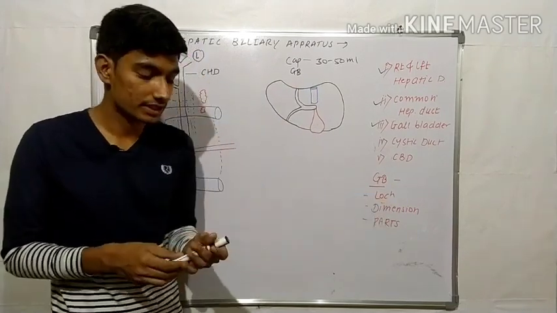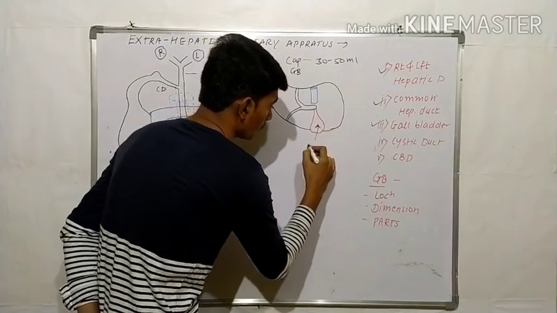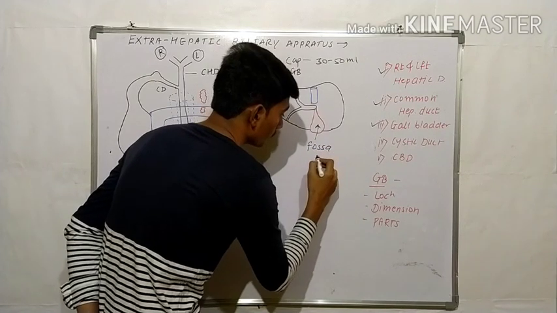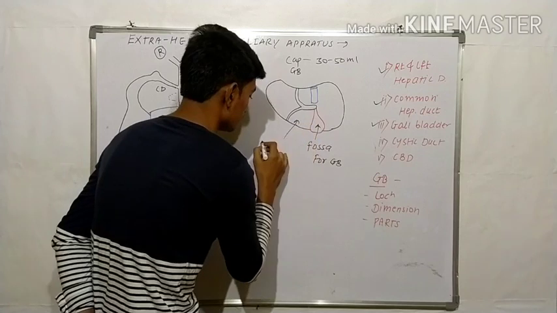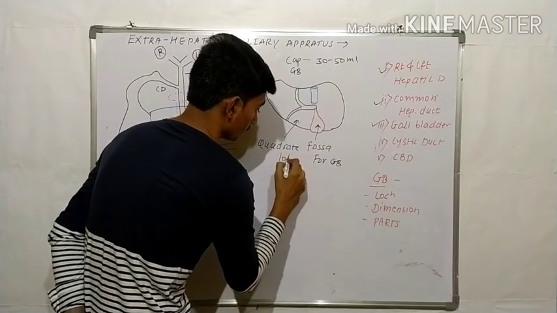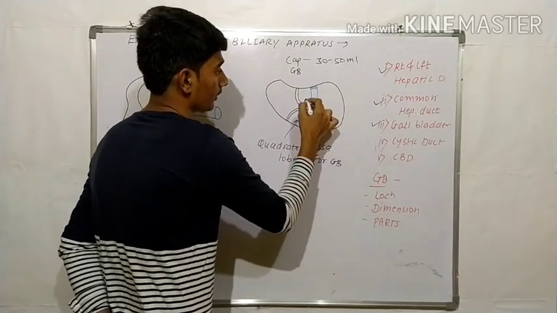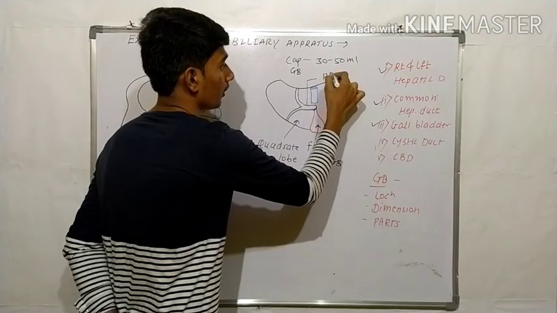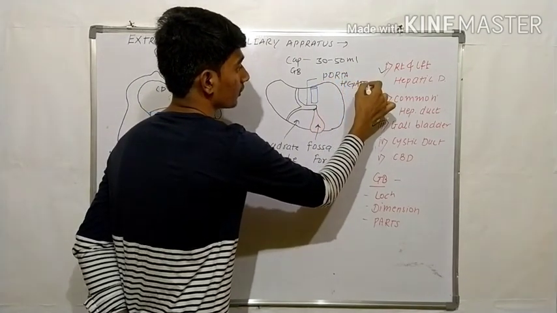The gallbladder is located in this fossa for gallbladder. This is the quadrate lobe and this one is porta hepatis.